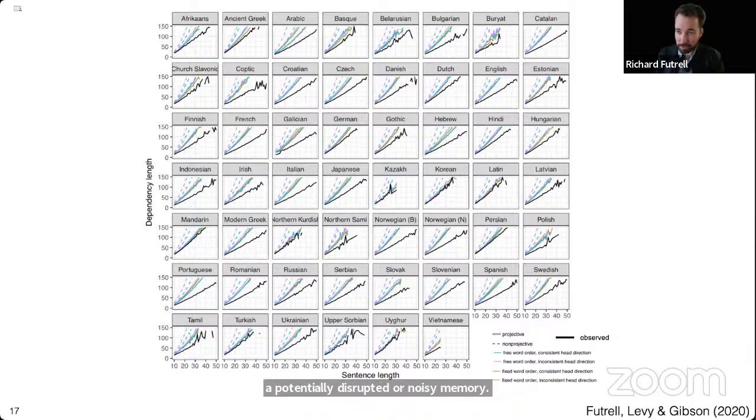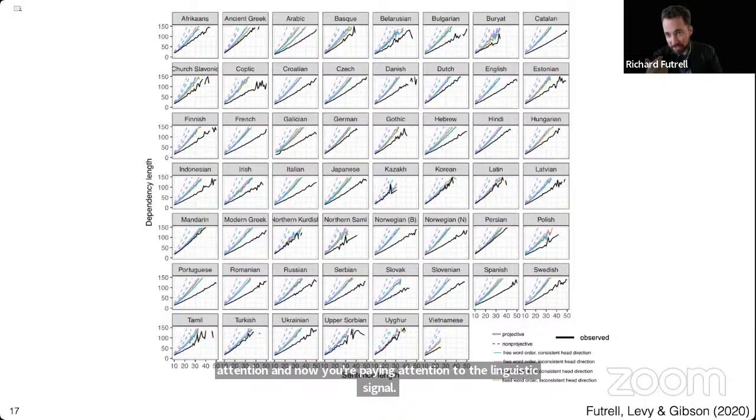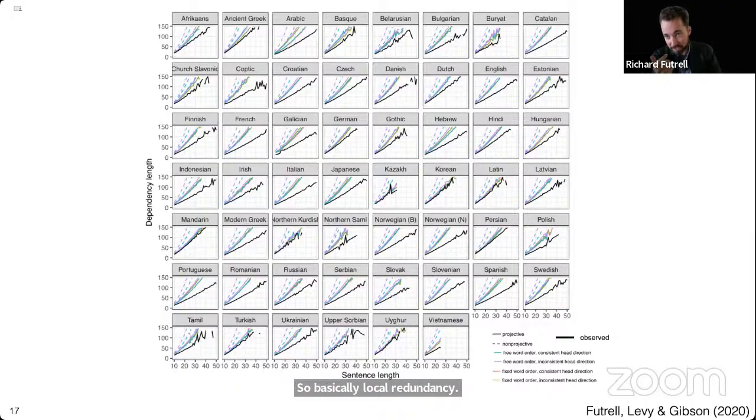Maybe it's disrupted because you weren't really paying attention, and now you're paying attention to the linguistic signal. So when you have local redundancy, that should support learnability under very general learning models. You can make that claim even without claiming what the prior is that people are using when learning. And that's the same thing as predictive information.